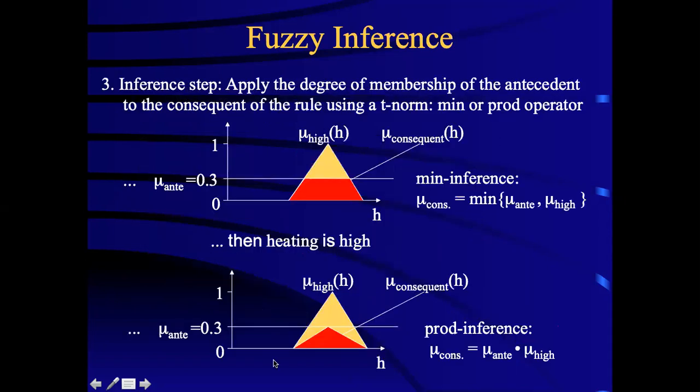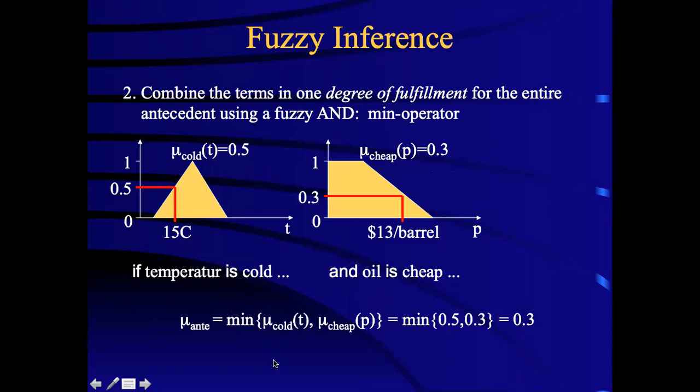Okay. And then what is the next thing in inferencing? The next thing in inferencing is that you take this combined membership value of your inputs, which is 0.3, and apply an alpha cut operator on your output variable. And what is your output variable?